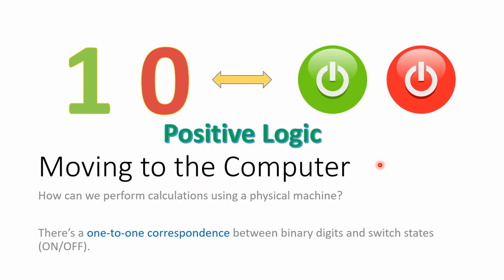So in positive logic system, it is very straightforward that when the switch is on, we assign the binary bit 1 to that particular state of the switch, and if the switch is off, we assign the binary bit 0 to that state of the switch.